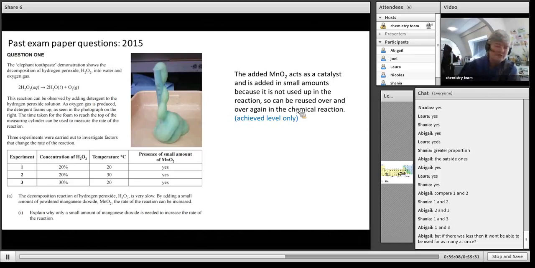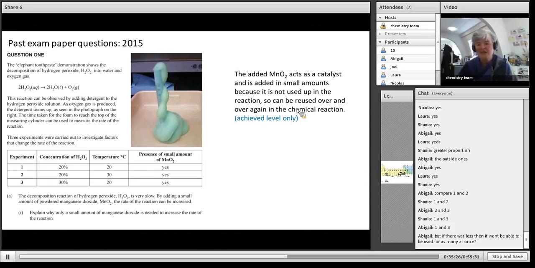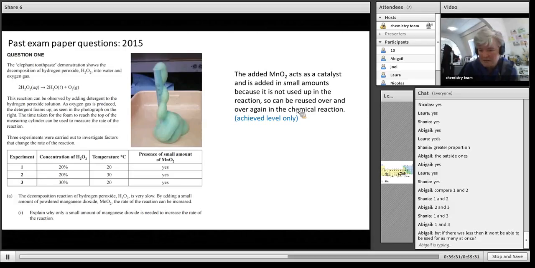A reaction has happened, so two particles have collided with it, and it's immediately available for the next one. So you actually don't need much. Yes, I agree if you had tons, but it actually does not change your reaction rate very much if you add lots of it, because it speeds up the rate of reaction so much. So I hope that sort of answers your question there.